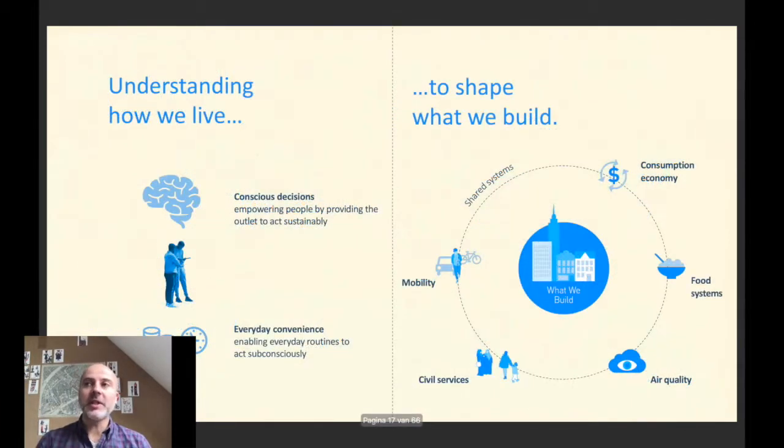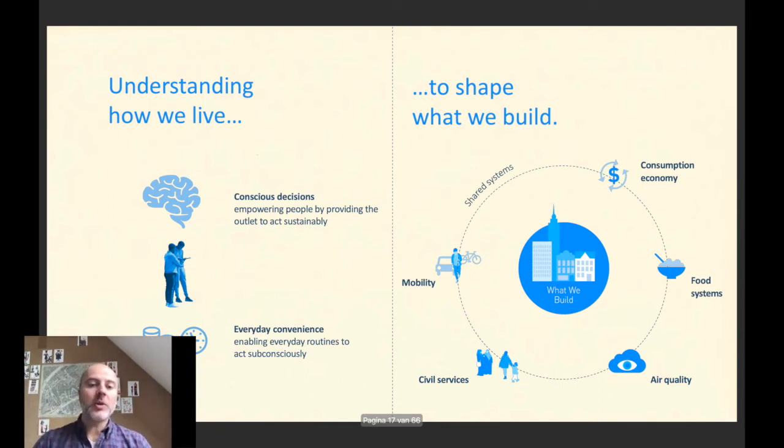Another real key to our work, and I'll talk a lot about this idea of lived experience, is we want to understand how people live in real places and real neighborhoods, and also recognize that, of course, lots of folks make conscious decisions. They might be aware of global challenges like climate change, and they want to act sustainably.